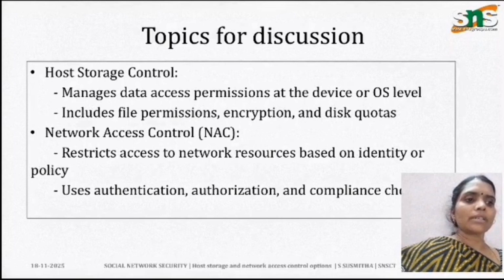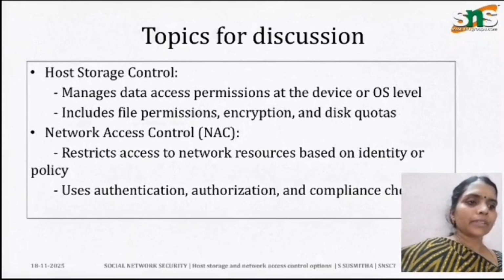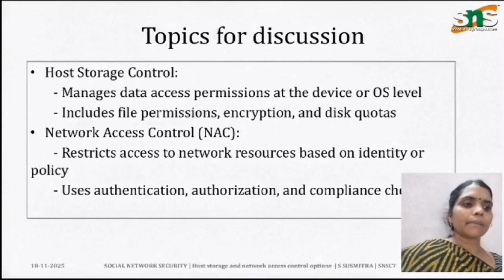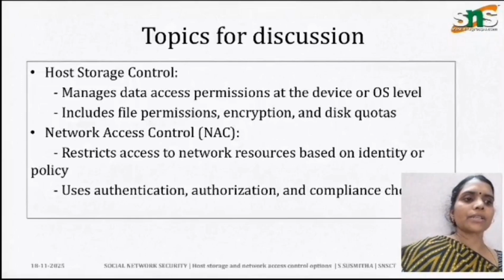SSD, the solid state drive, has no moving parts, is very fast and more reliable, but has a higher cost compared to the hard drive. Hybrid drives combine SSD and HDD storage. The next one, external storage, that is USB flash drives, external HDD, SSD and memory cards. These are used for backup, transfer and portability.